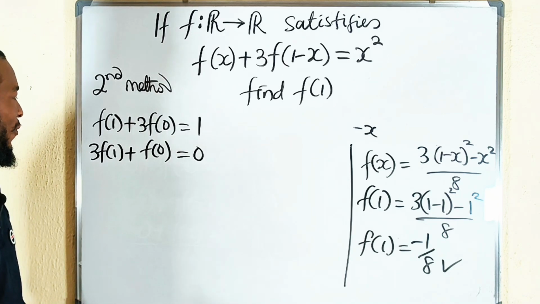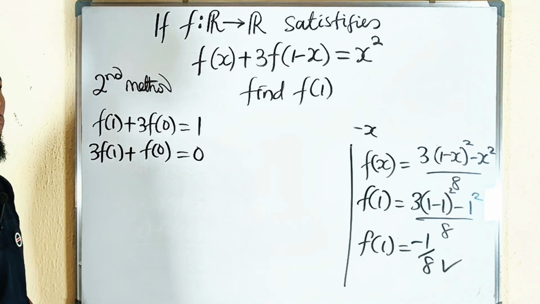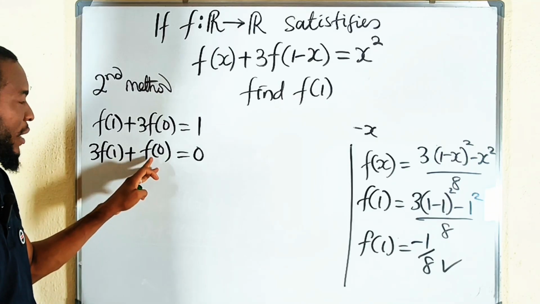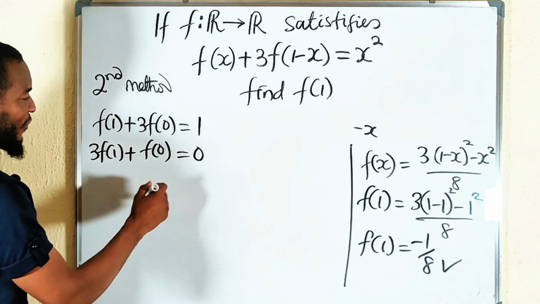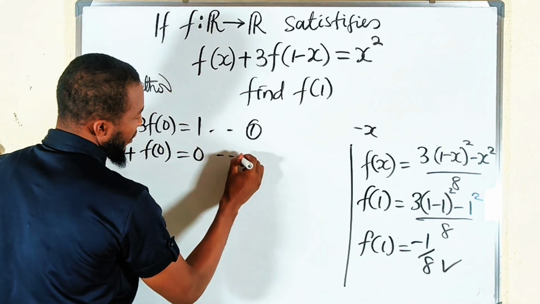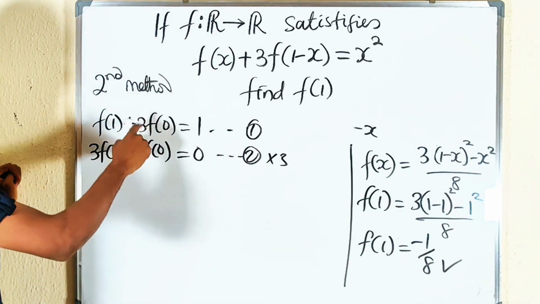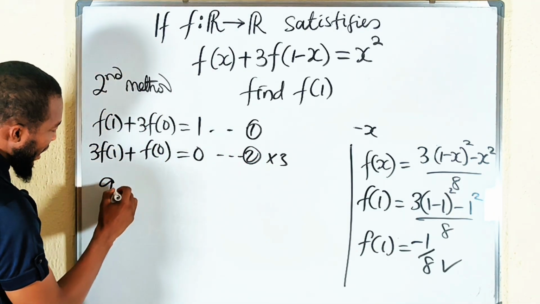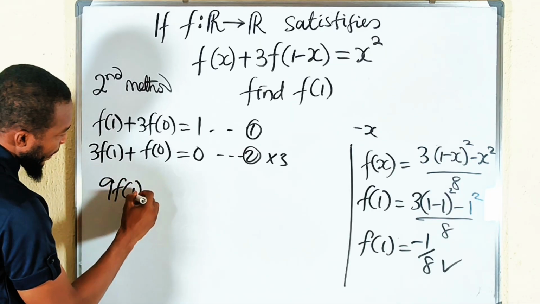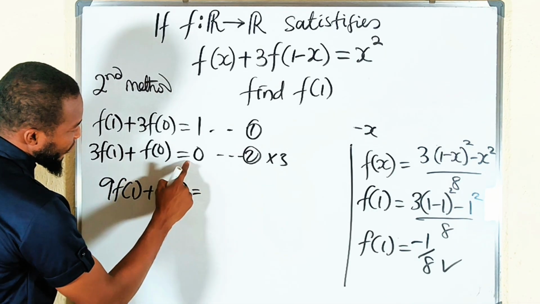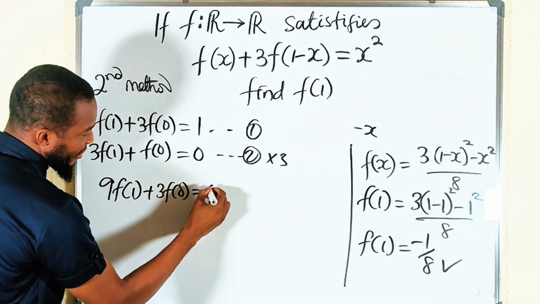But remember, I am looking for f of 1. So let us eliminate this one, f of 0. But first, if this is our first equation and this is our second equation, let's multiply this by 3 so that they have similar coefficients. So this is 9 f of 1 plus 3 f of 0 equal to 0, since 0 times 3 is still 0.